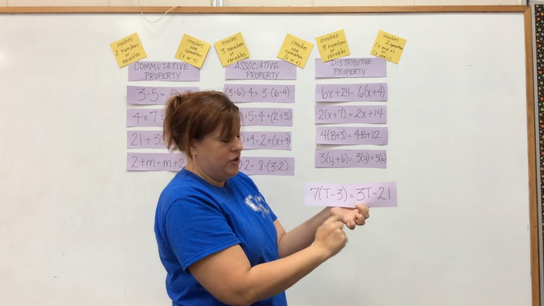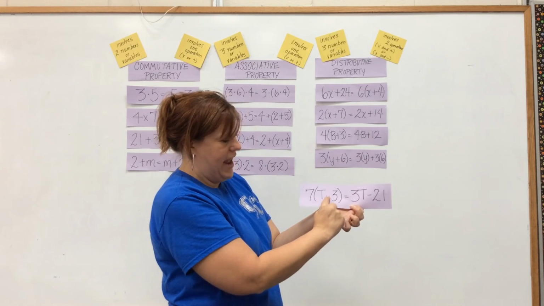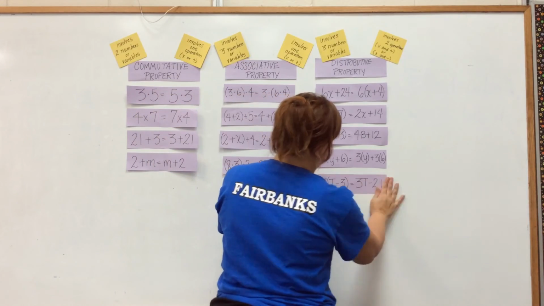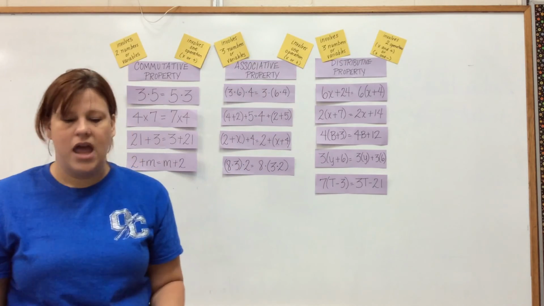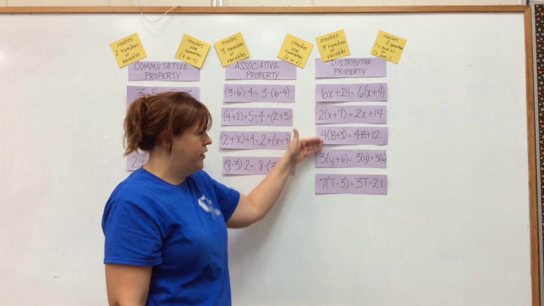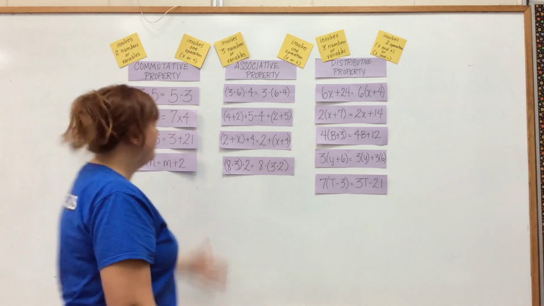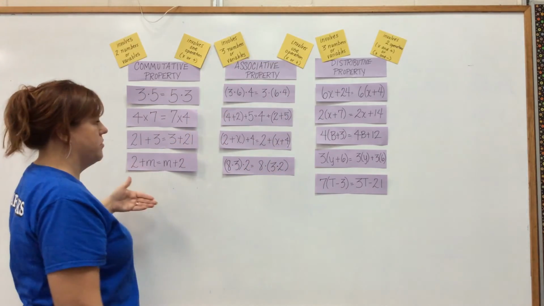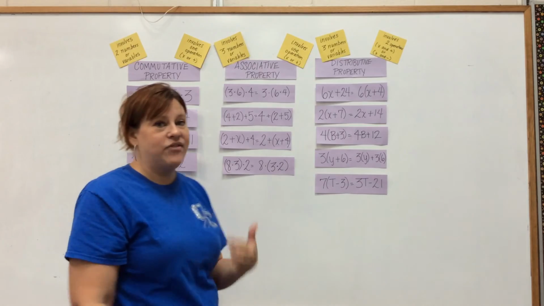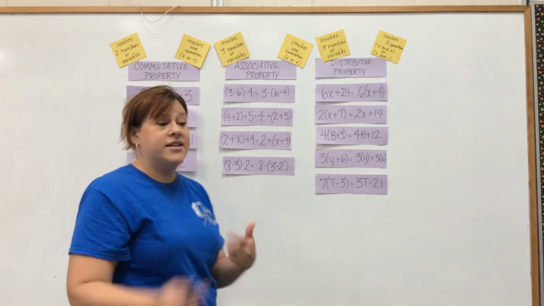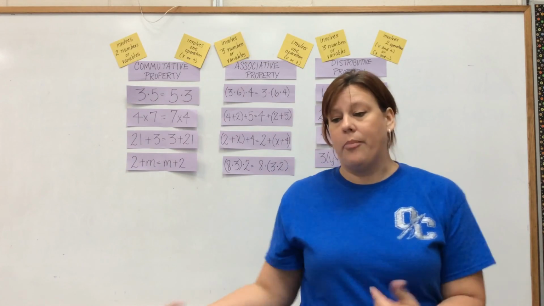So I'm involving 2 operations, multiplication and subtraction. 2 operations, 3 different items. It is distributive. Okay? I really want you to focus in on those distributive and look at all the different ways it can be shown. That is not true for associative or commutative. Okay? So you're going to have to think through these problems and think about what it's involving to determine what property it's showing.